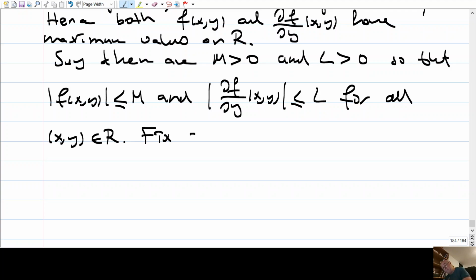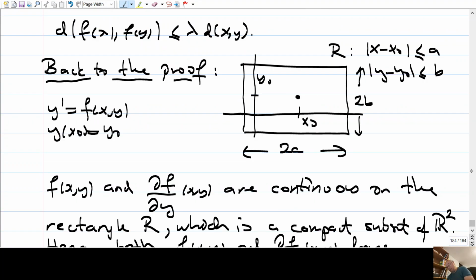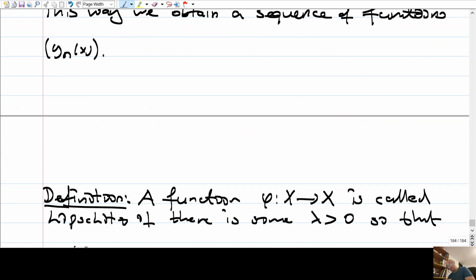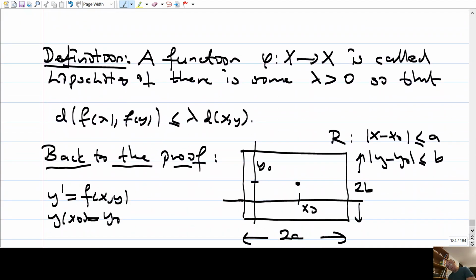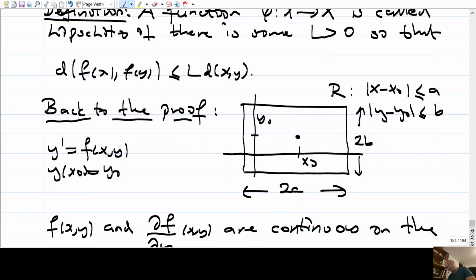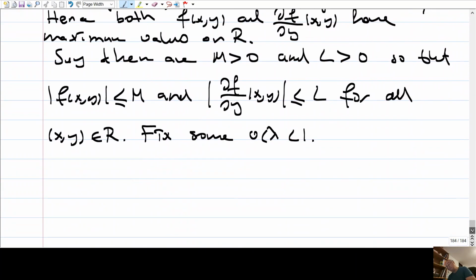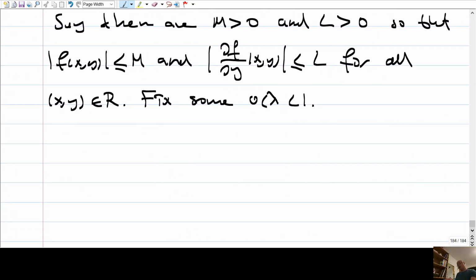Fix some lambda positive but less than 1. We fix some lambda which is between 0 and 1. Now I choose some lambda between 0 and 1.